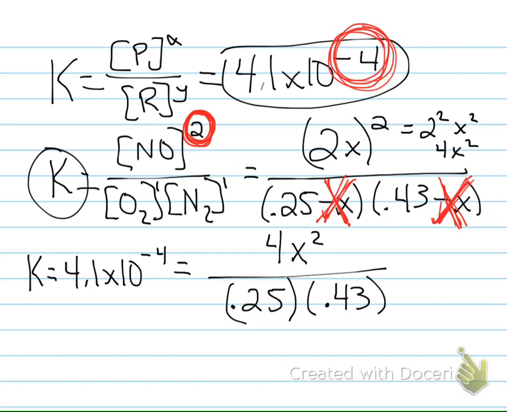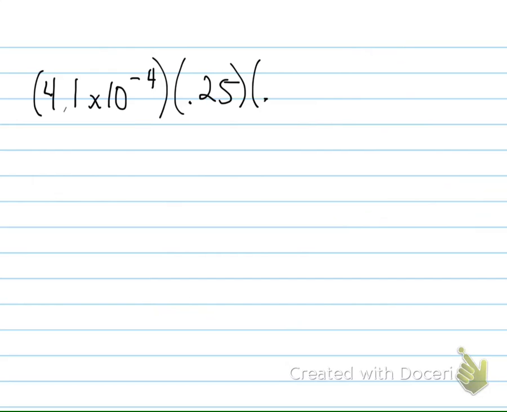Now that we have that, we can solve for x. It takes a little bit of algebra. To get anything off of the bottom, we need to multiply across. And so I'm going to move on to the next page with this. I should have 4.1 times 10 to the negative 4th times 0.25 times 0.43 equals 4x squared.